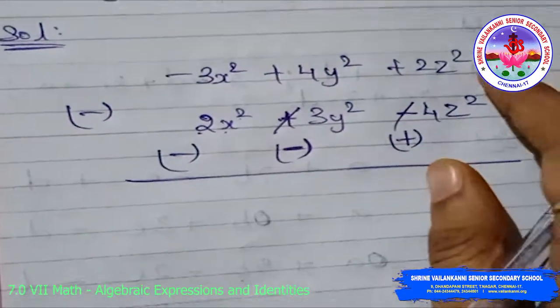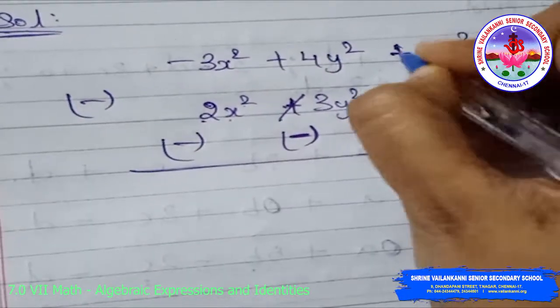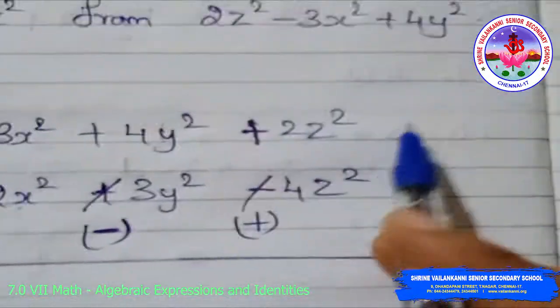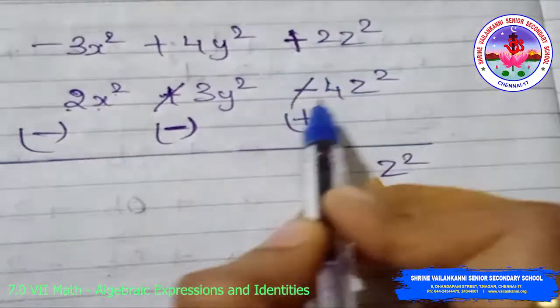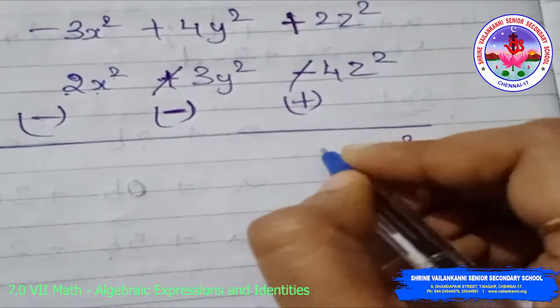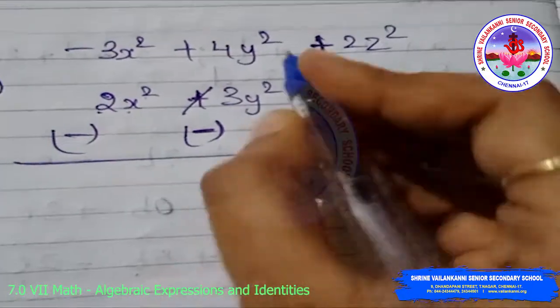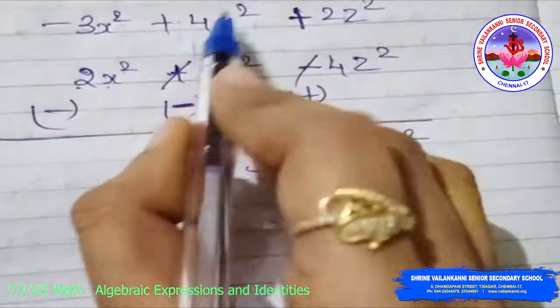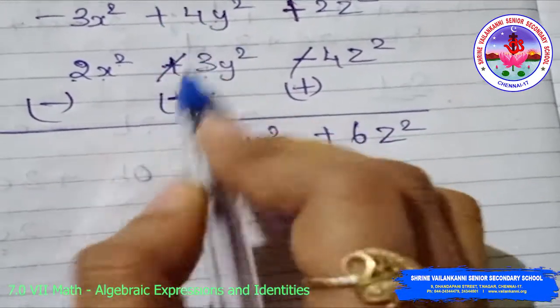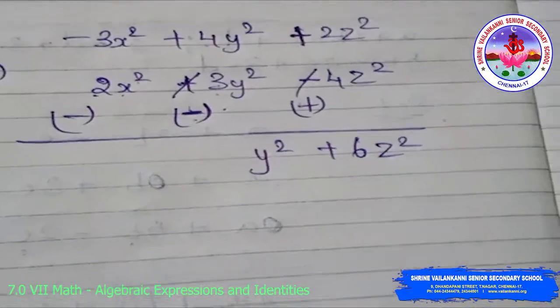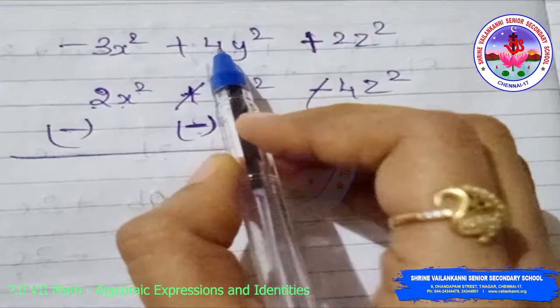Now changing the signs of the terms, you can add the z squared. Now z squared, that is positive 2 plus positive 4, that is positive 6z squared. Next y squared, positive 4, negative 3. The signs are alternate, so you can subtract the values. 4 minus 3, that is 1.